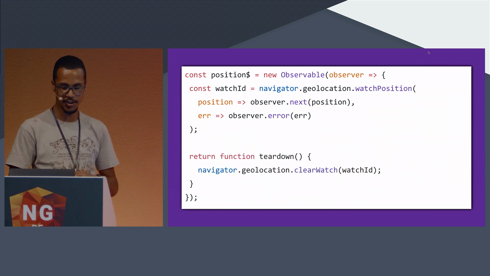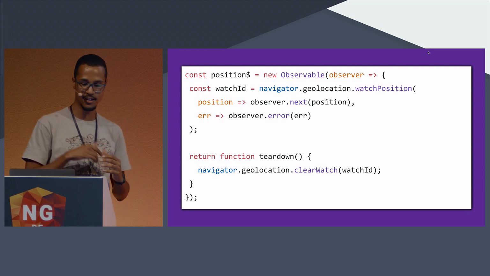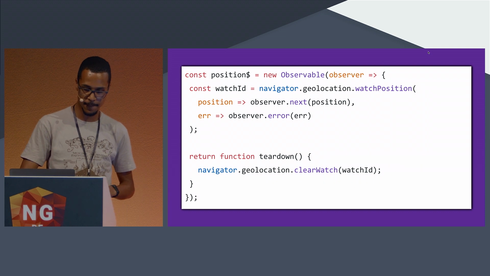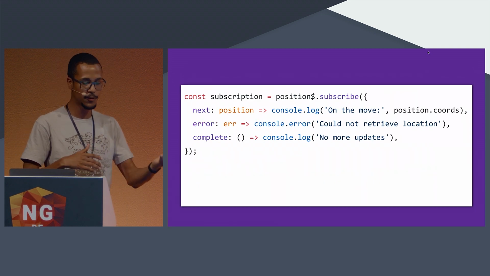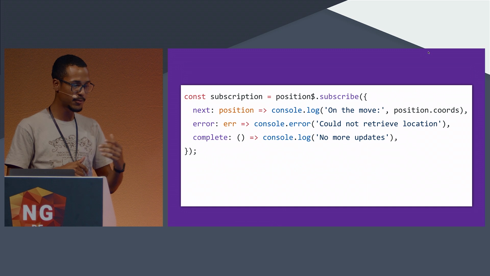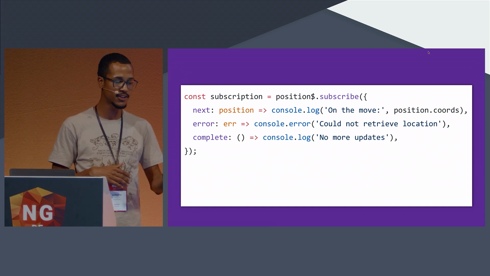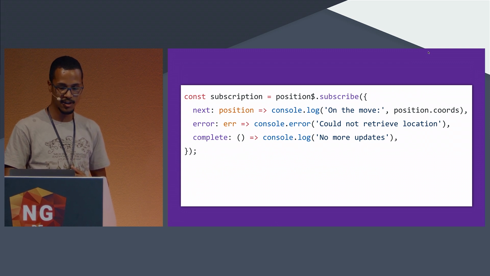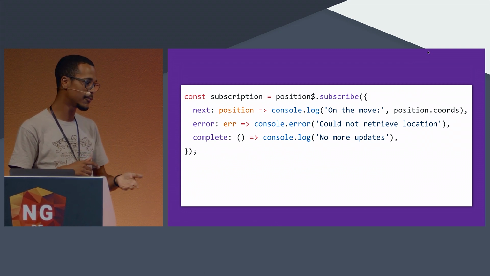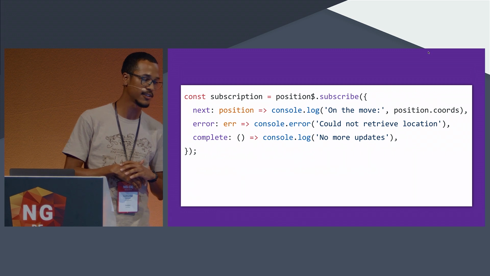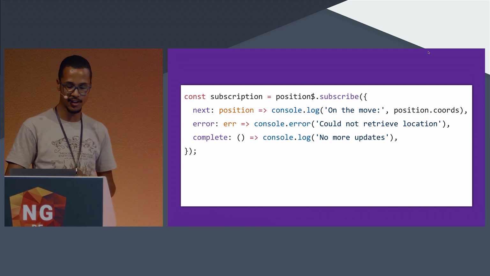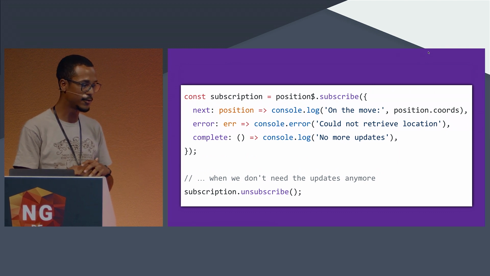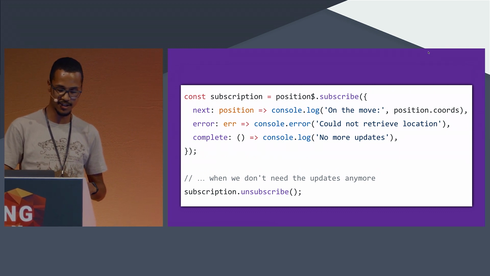And in the end, we return a teardown function intended to clean up resources when we don't need these updates anymore. And this is how we would use it. We subscribe to it by passing an observer object with all the notifications we want to observe. By subscribing to an observable, we receive a subscription object as a return value, which we can later use to unsubscribe from it if we don't need the resources and the data anymore.